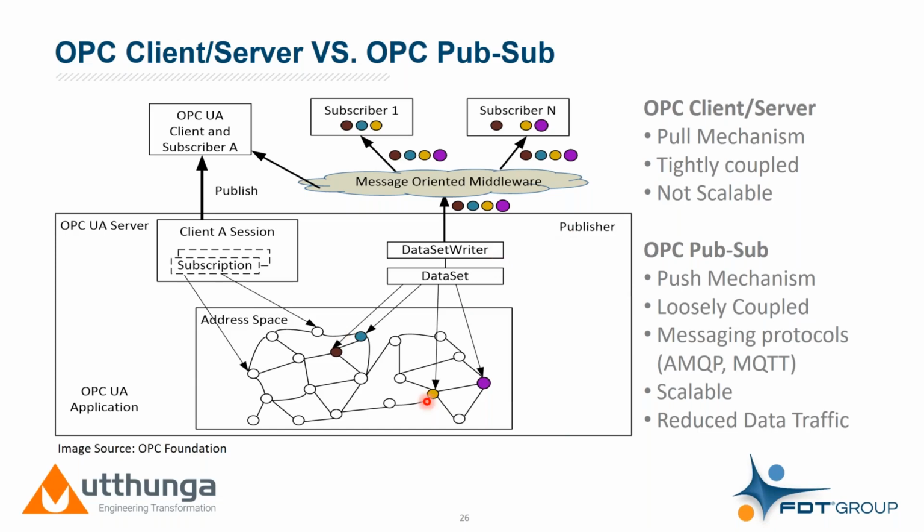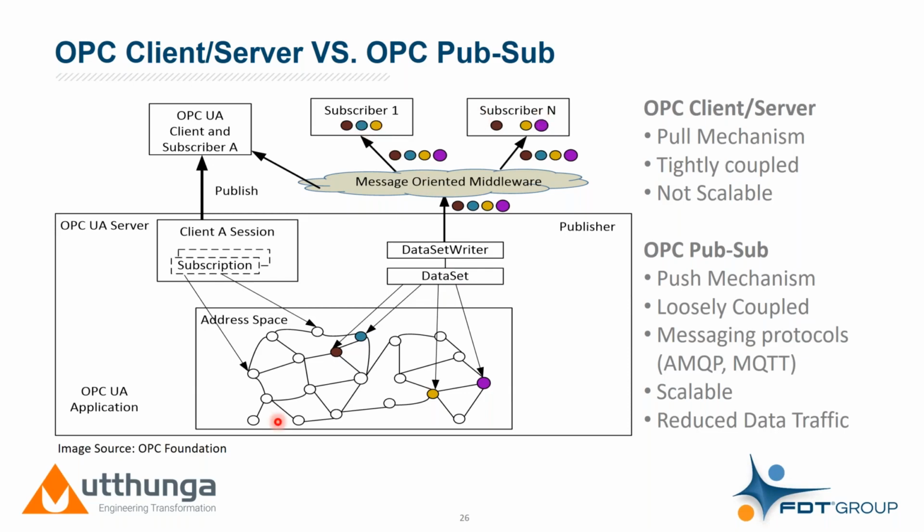In the OPC Pub Sub world, these are called topics. What you see in the colored nodes are something of interest, so that is called topics. The interesting topics will be published by this publisher module to the broker, and then it will be given to the interested parties who will subscribe to this information.